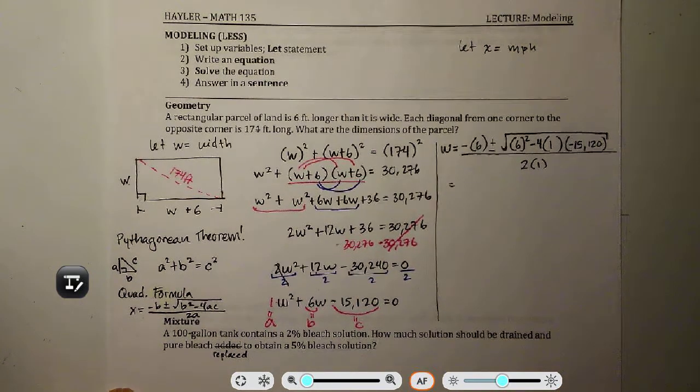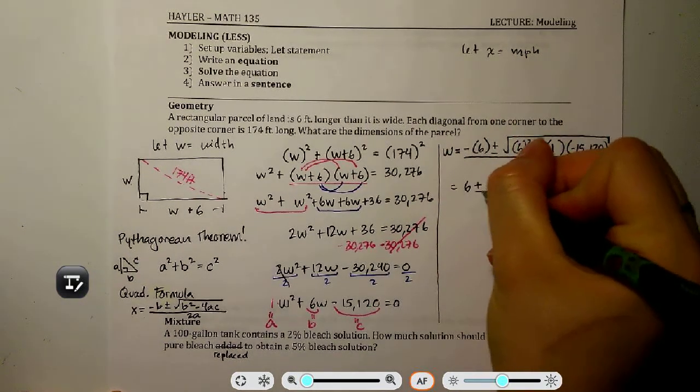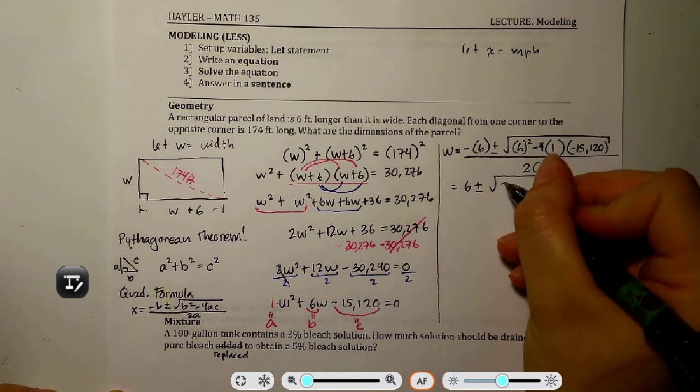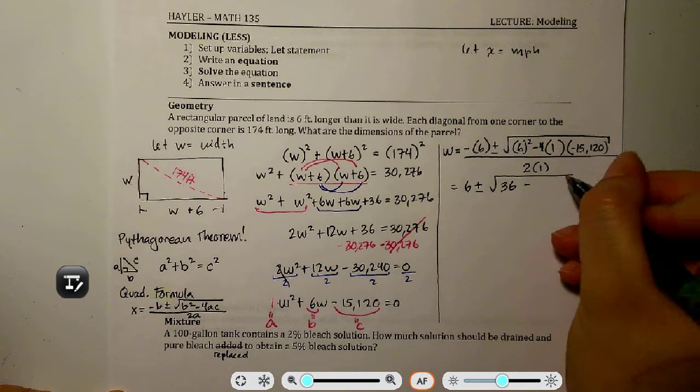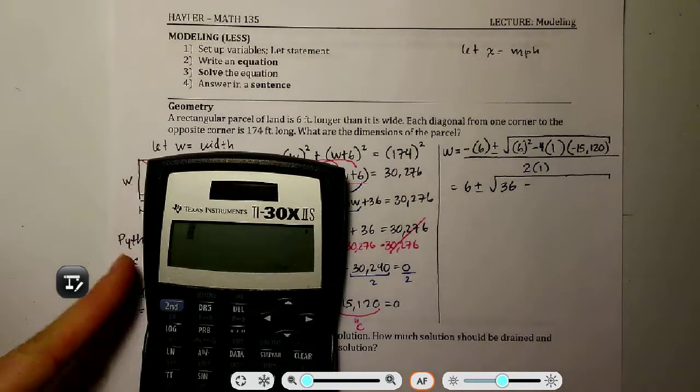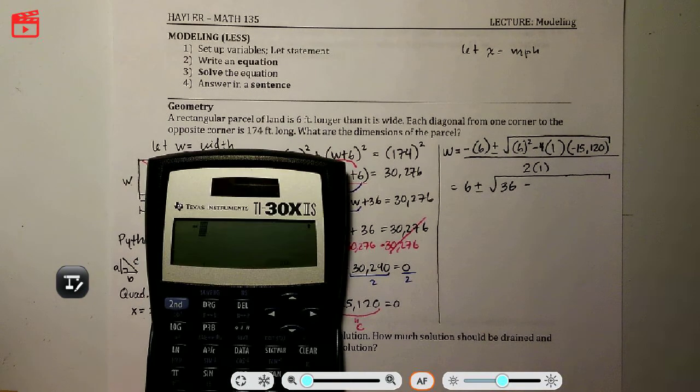Okay, simplifying this. It's going to be 6 plus or minus the square root of, well, 6 squared is 36, minus, let's go ahead and type that into the calculator. Okay, so that's going to be a negative 15,120 times a negative 4.